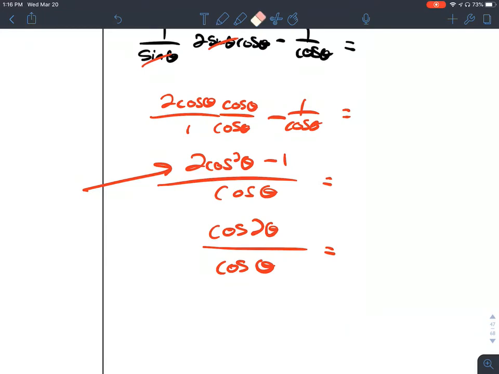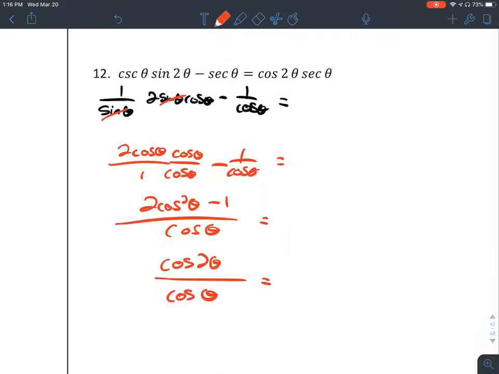But if you know that, then that makes that pretty quick and easy. Now, the right side has a cosine of 2 theta. So does the left. The left side has divided by cosine. The right has a secant. Well, I can change secant to the bottom of the fraction by putting its reciprocal down there. So now the left and right are the same.